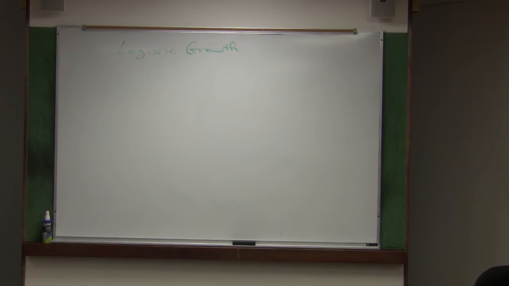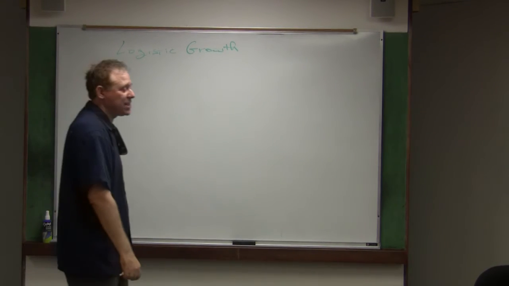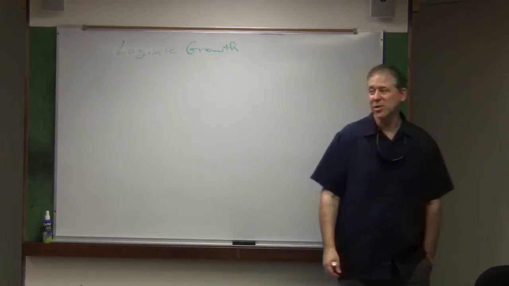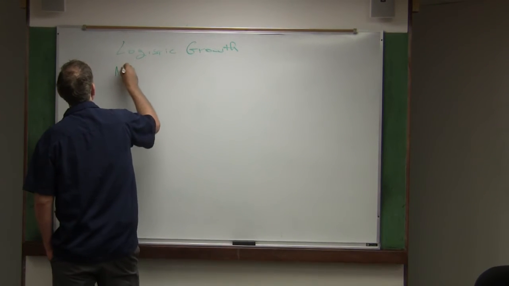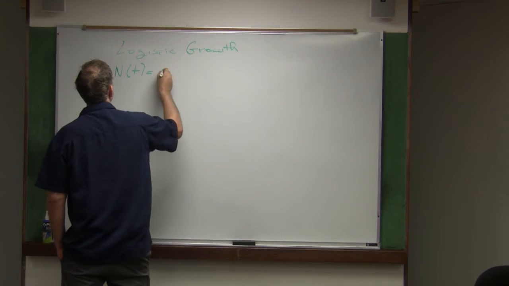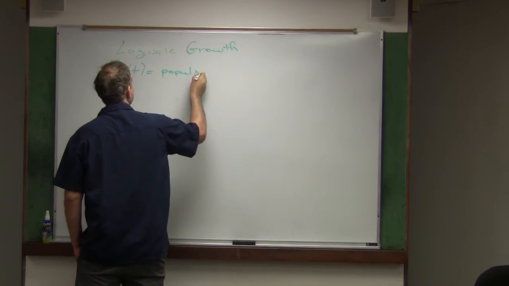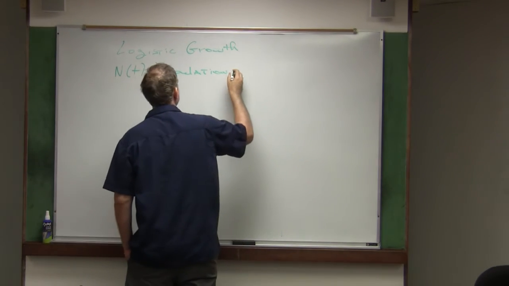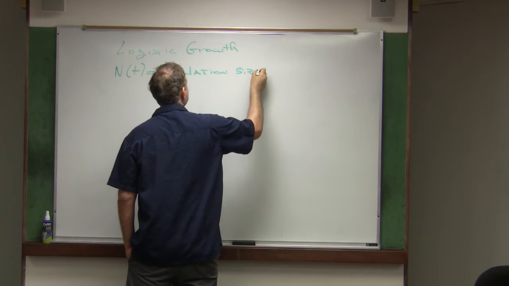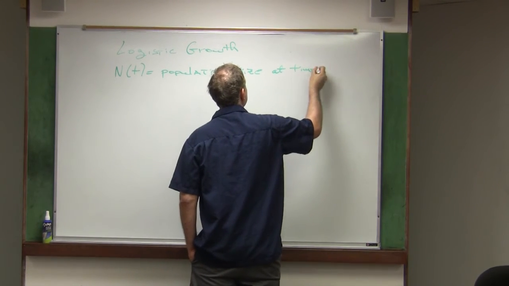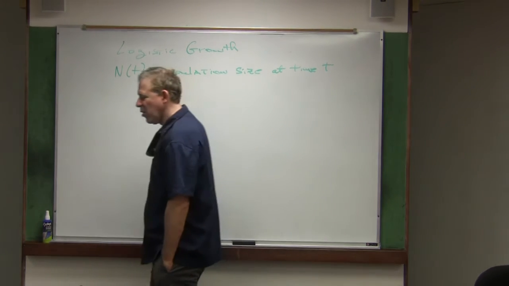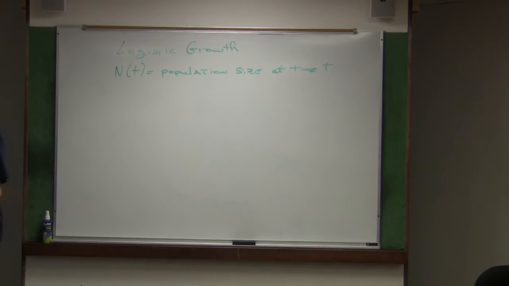Something grows logistically if it grows according to the logistic differential equation. Let N(t) be the population size at time t. In a logistic growth model, there's going to be what's called a carrying capacity. The carrying capacity is the maximal sustainable population.